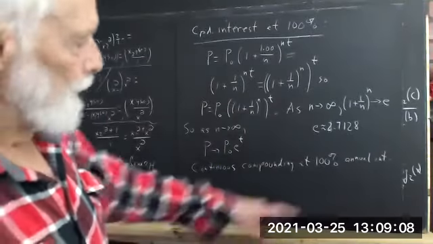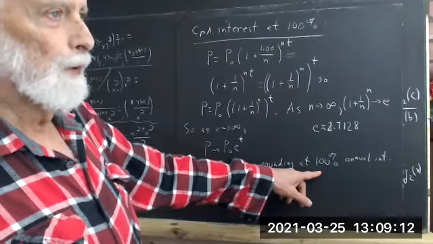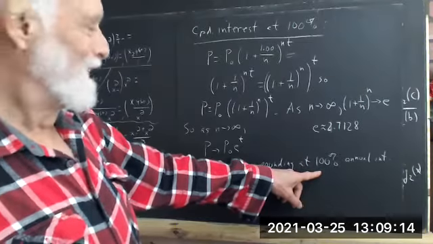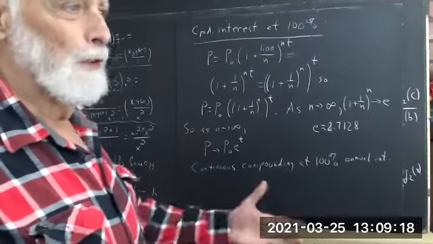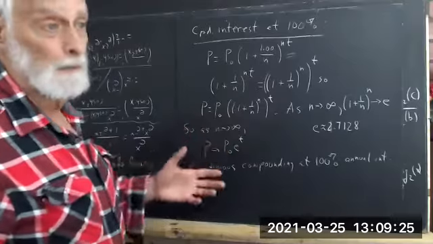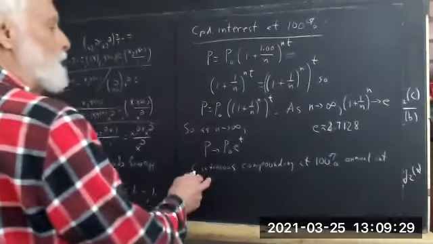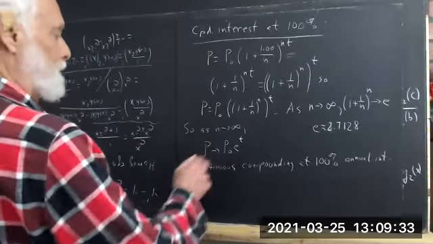Well, you're not going to get 100% annual interest. And if anybody offers it to you, get away from them as quickly as you can, because they're trying to do terrible things to your finances. Avoid anybody that offers you that unless we get into hyperinflation. And let's hope that doesn't happen. So we have continuous compounding at 100% annual interest. Here it is.